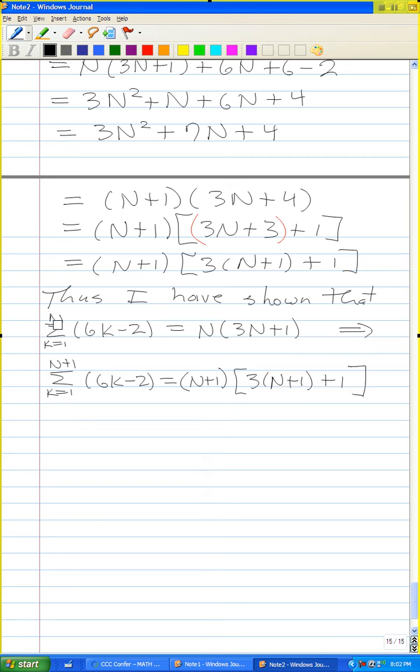So notice that if I replace this n by n plus 1, then the formula also works where I replace n by n plus 1.